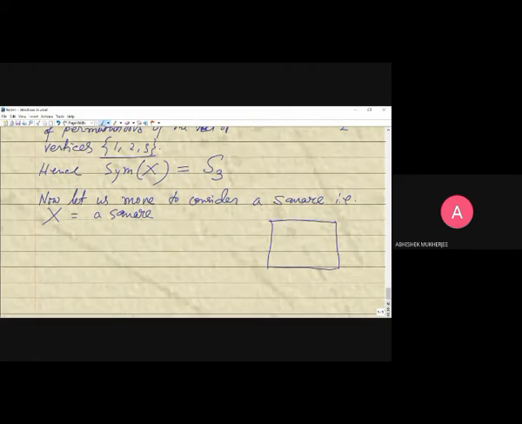Then again you just take their vertices this way, 1, 2, 3 and 4. So then what you see, so what will you see?